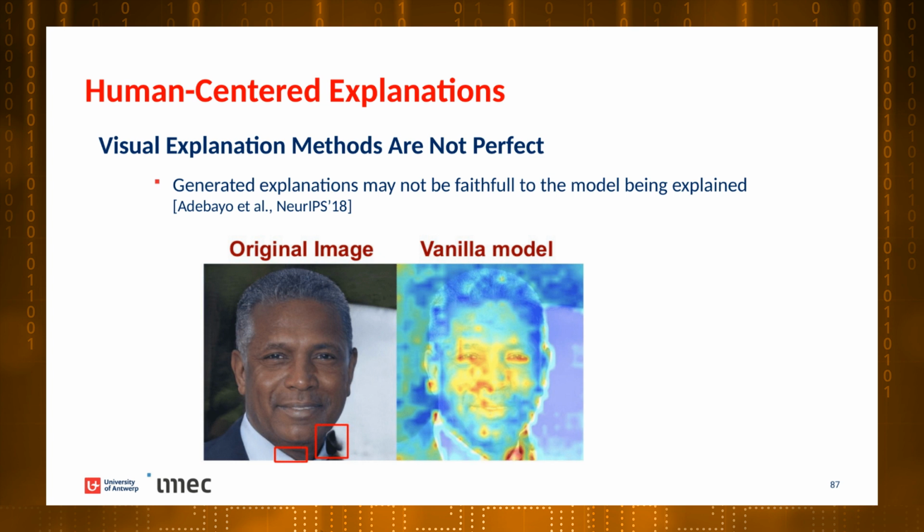Of course, this part is usually coupled with research on human-computer interaction and human factors, to be able to address the needs of the user properly. So this goes more towards work that is not really 100% objective, but tries to take into account also the human side, the person receiving the explanations.